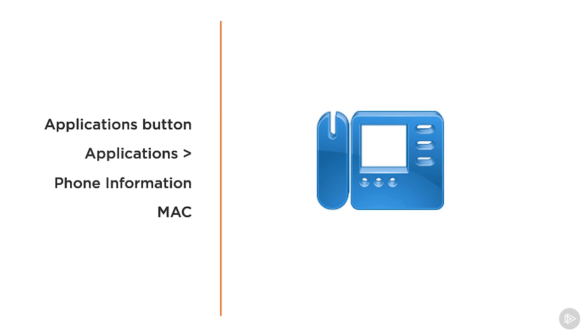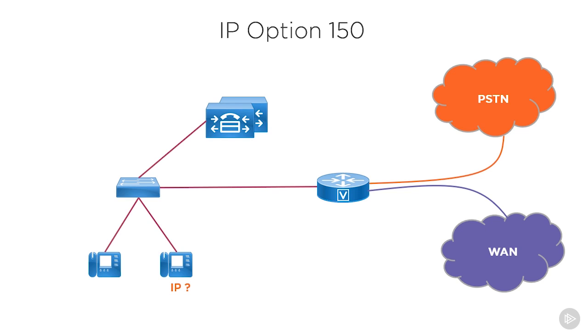We're ready to go on to the next step, which is to make sure that the phone is going to get the IP address of the Unified Communication Manager TFTP server. Before a phone can register to Unified Communication Manager, it needs a few things. In fact, first thing it needs is for us to stop calling it a phone because it's not a telephone. It's a computer. It speaks TCP/IP. It uses Ethernet. It has all the requirements of every other computer. And so that means it needs an IP address.